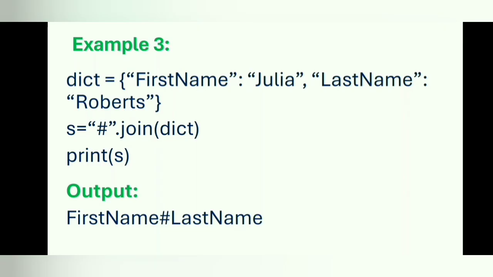The output is first name#last name. Here all keys in the dictionary are joined into one string by using the hash character as a separator. Remember that when using a dictionary as an iterable, the returned values are the keys, not the values.